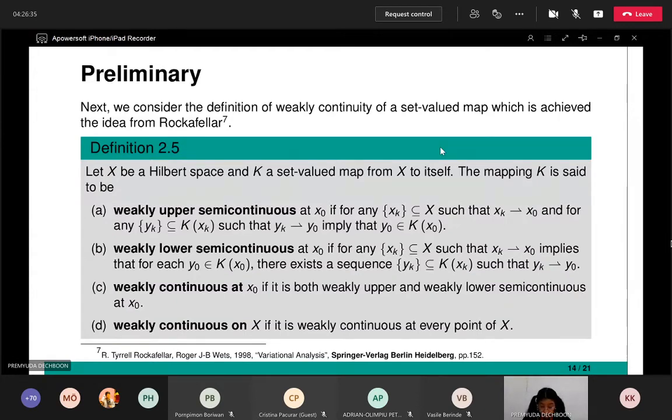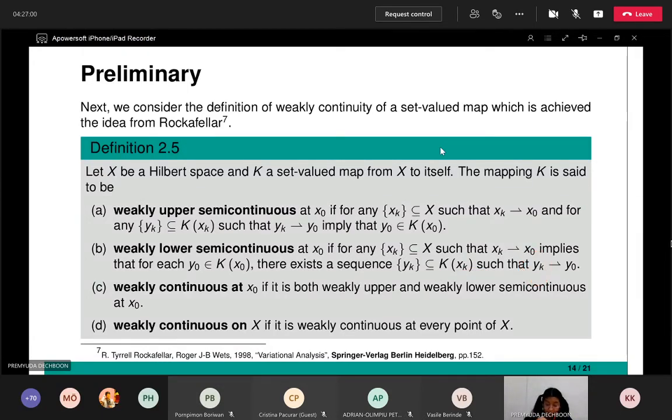For weakly lower semi-continuous, it is almost the same, but it implies that for each y0 in K(x0), there exists a sequence yk from K(xk) such that yk converges to y0.